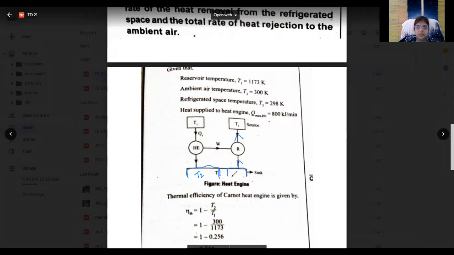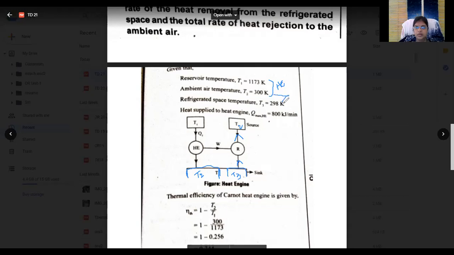Lower temperature to higher temperature means this is T3, and T3 to T2. If you take it like that, we will understand very easily. The diagram is also exactly so, but we get a little confusion. Taking these two temperatures, we get the heat engine: we do the process in the form of a heat engine.